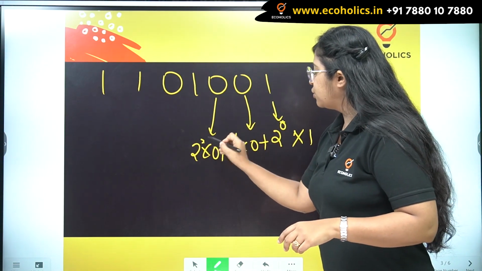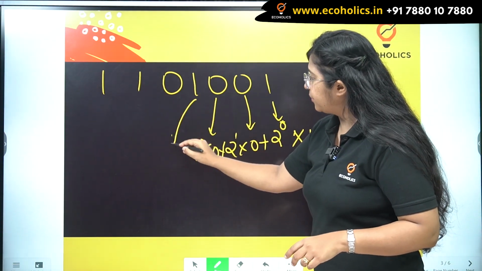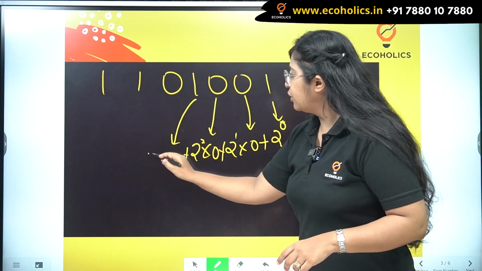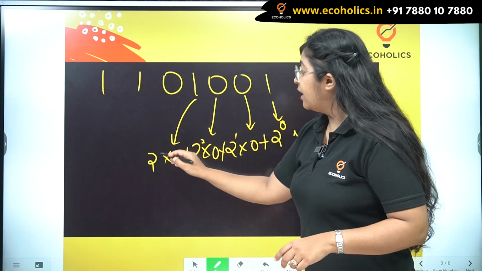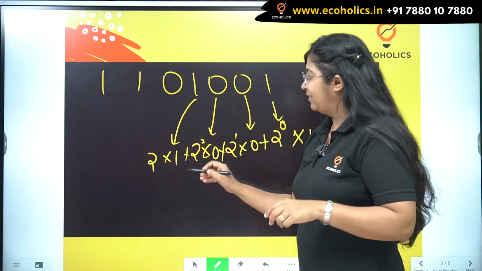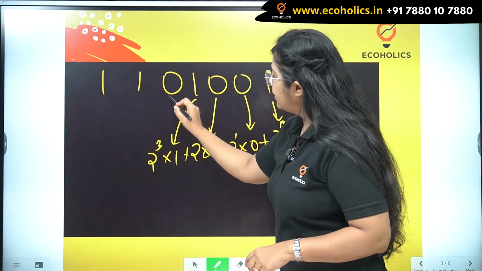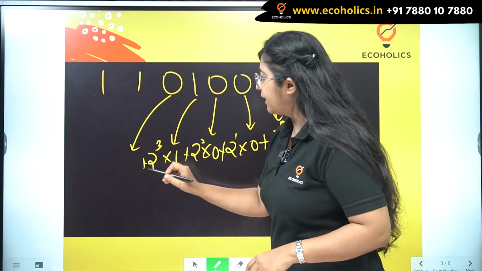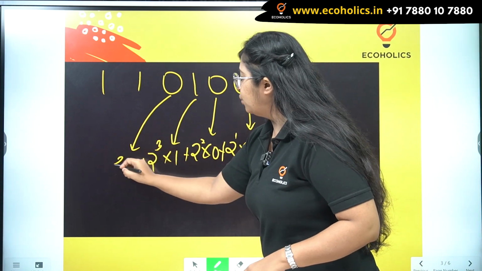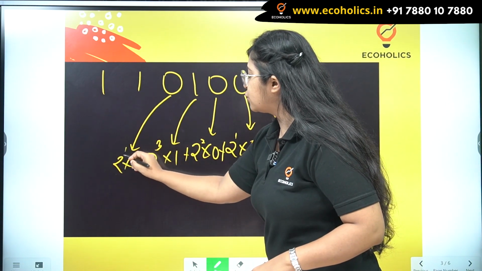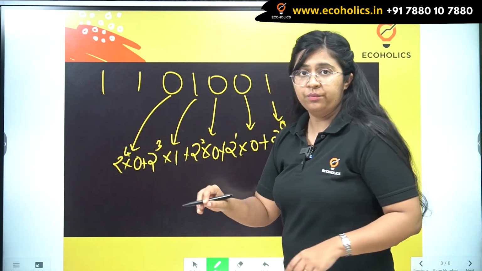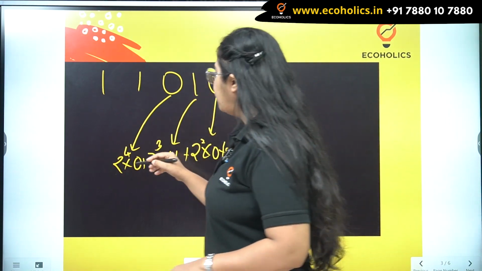Then plus 2 into 1 raised to the power 3. Then plus 2 into 0 raised to the power 4.